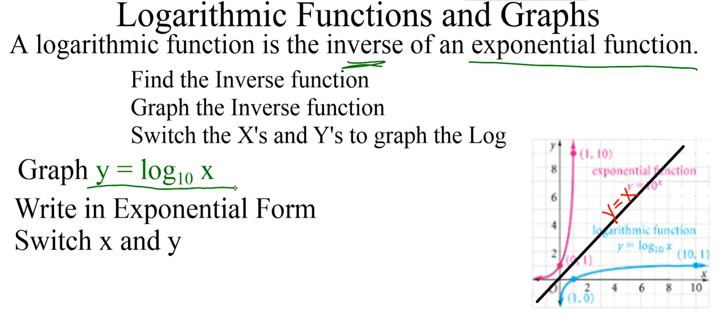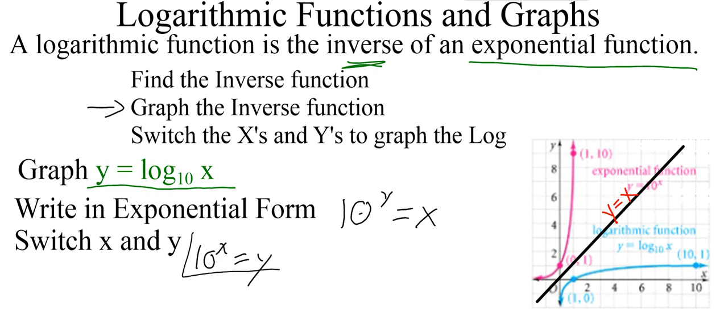If we write that in exponential form, I'm going to write it as 10 to the y equals x. As I switch the x and y's, I have 10 to the x equals y. So now I'm going to graph the inverse.